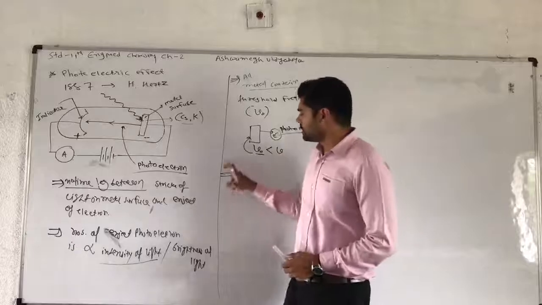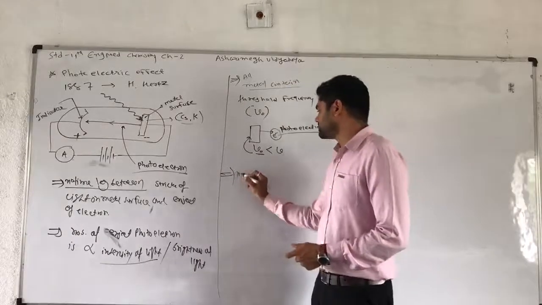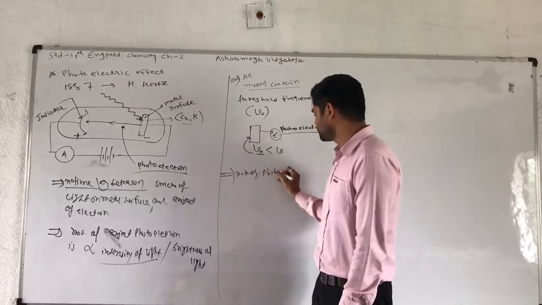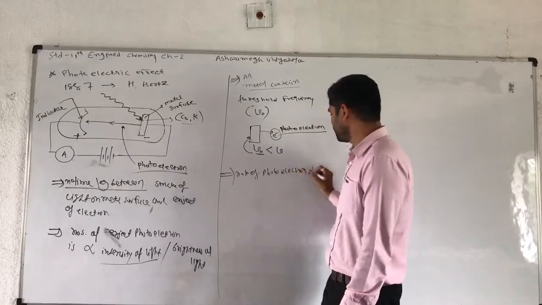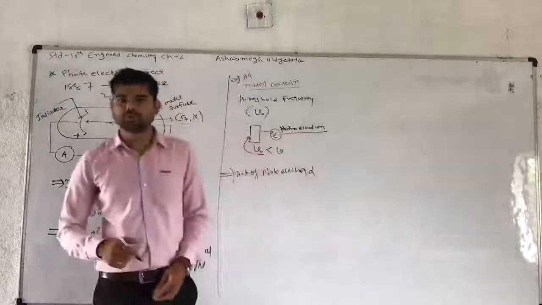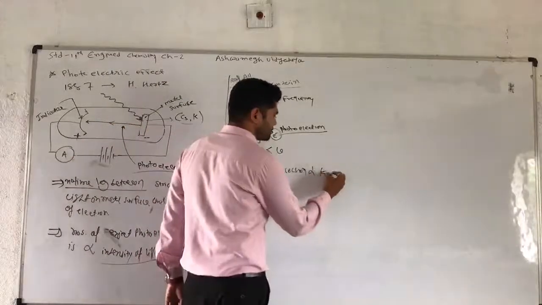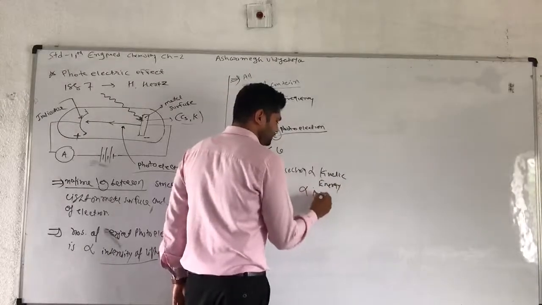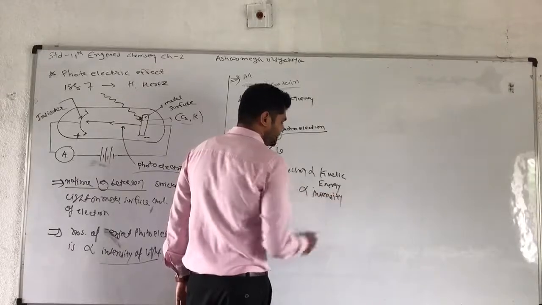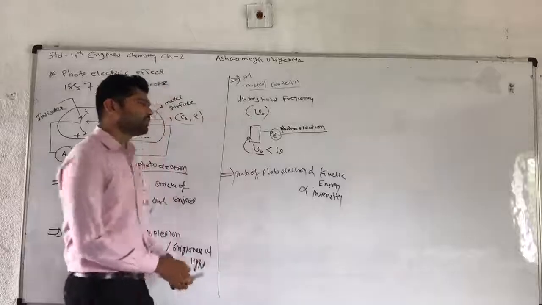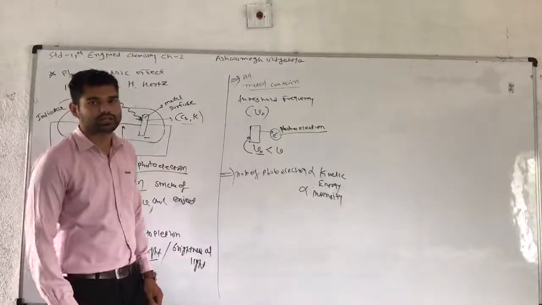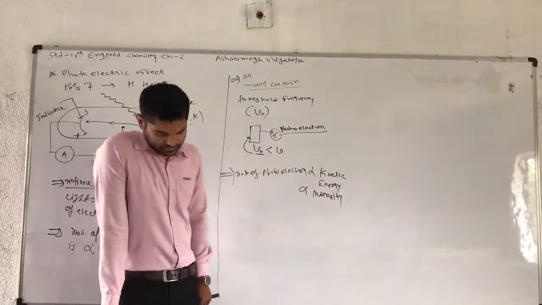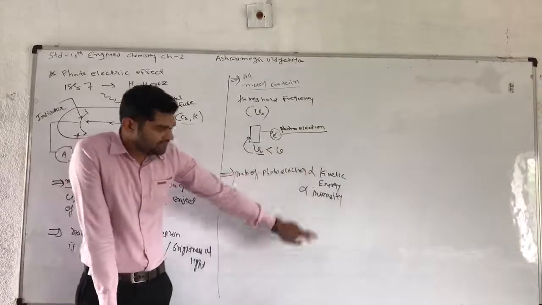First, the number of photoelectrons released is proportional to their kinetic energy, and the kinetic energy depends on the intensity of light.